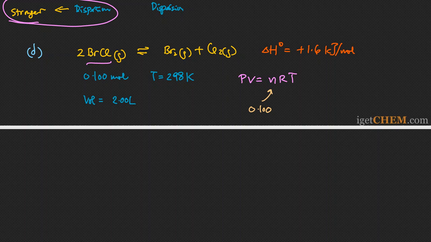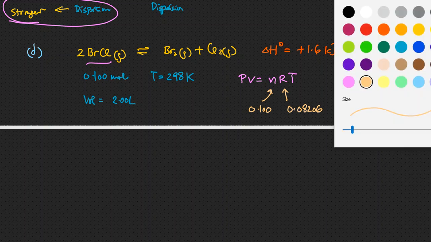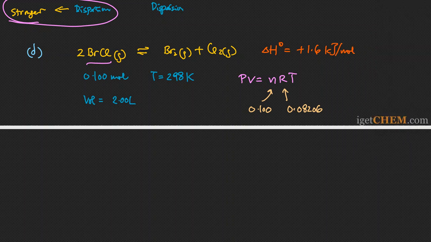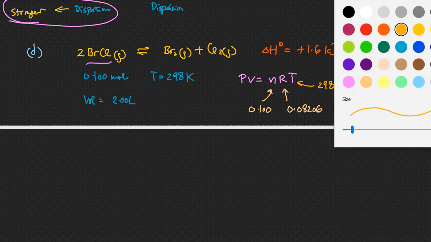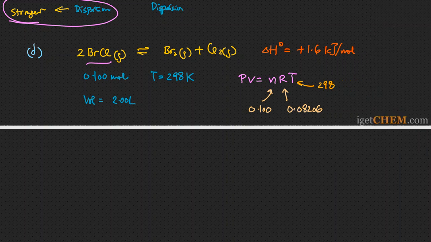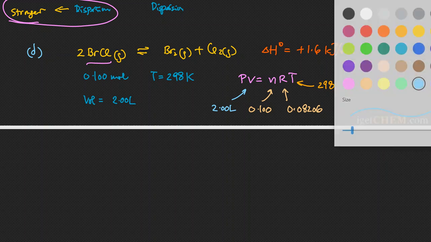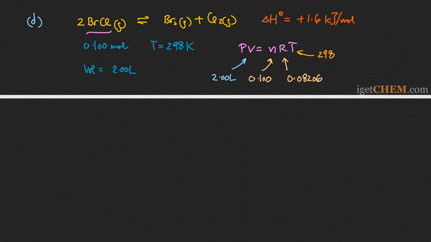We know the gas constant, which is 0.08206 liter atmosphere per mole per degree K. And finally, we have the value for T, which we know is 298. And on the left side, we know one of the values. We know the volume is 2.00 liter.